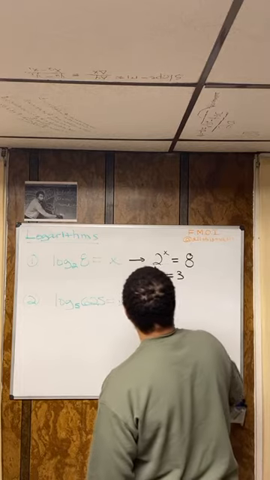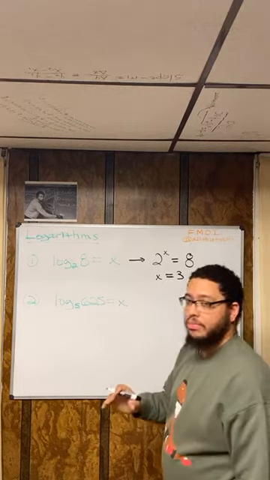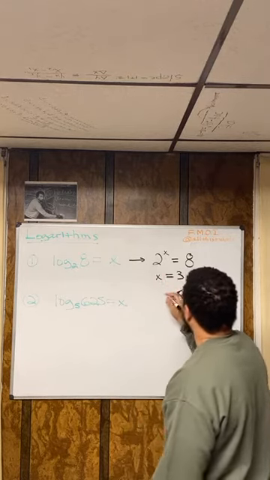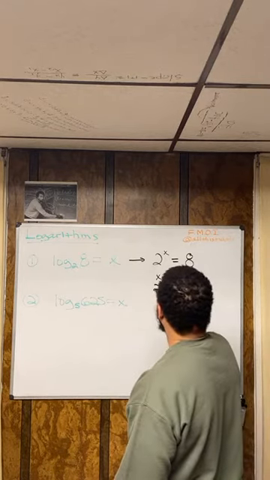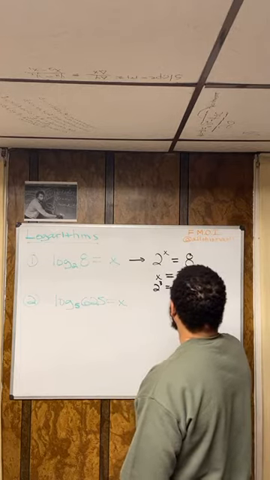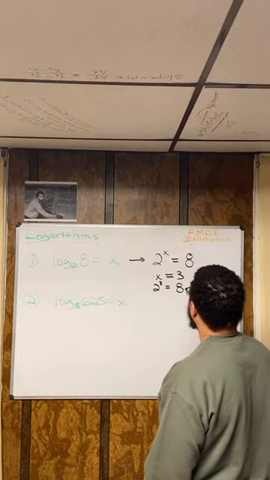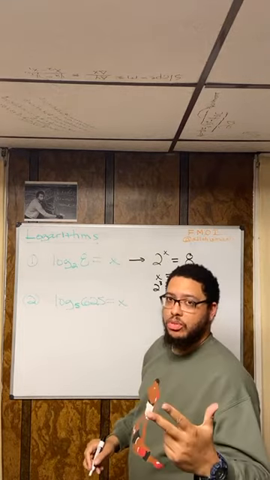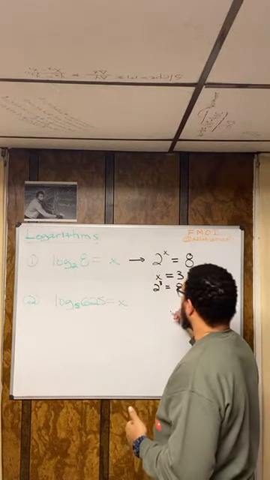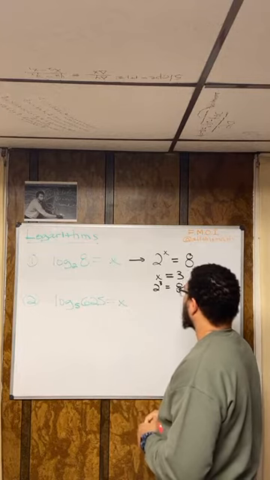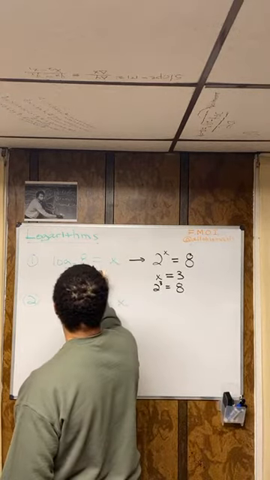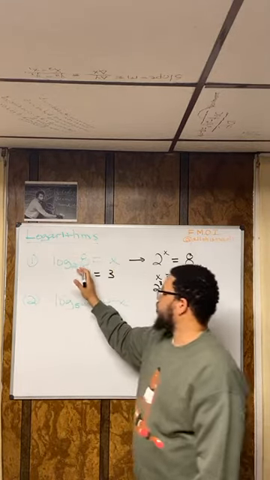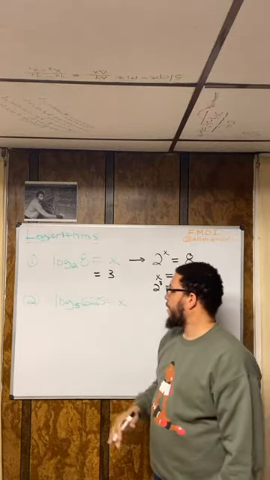Excuse the noise. So x equals 3, because 2 to the third power is equal to 8, because 2 times 2 times 2 is equal to 8. So that means that over here, this will be equal to 3. The logarithm base 2 of 8 is 3.